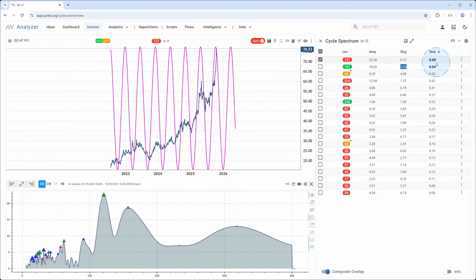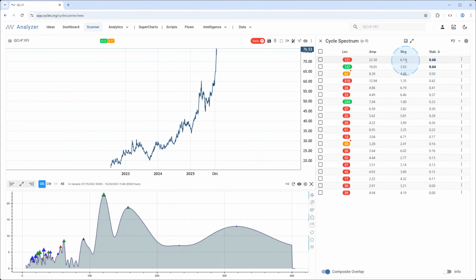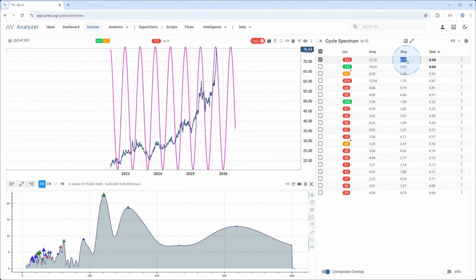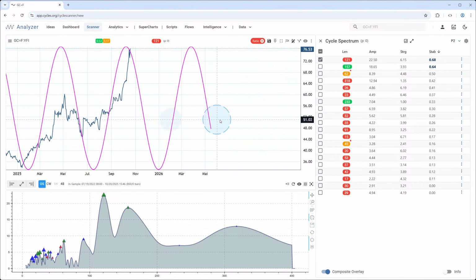Both have a high stability, but the cycle with a length of 121 has double the strength, so it has double the influence on the price change per day than the other cycle. Therefore, that's the most dominant one impacting price change per day. So that's why we go with this cycle here.